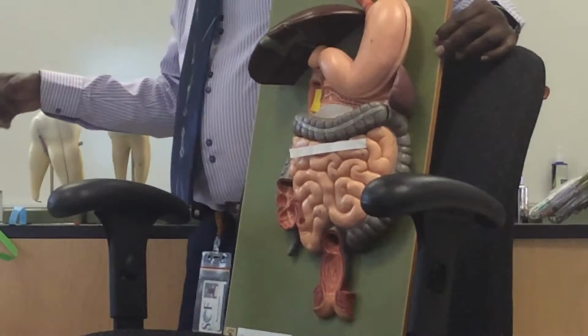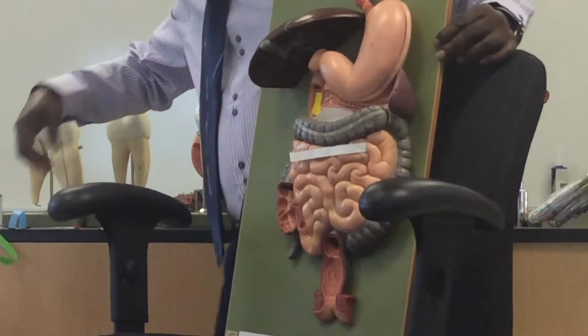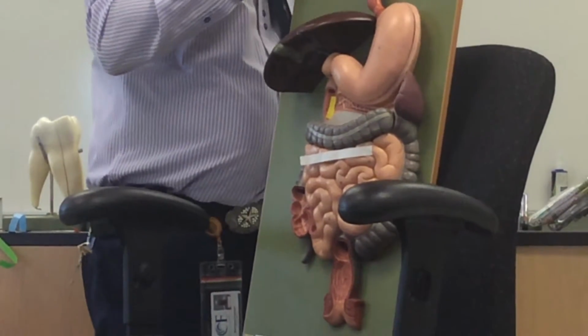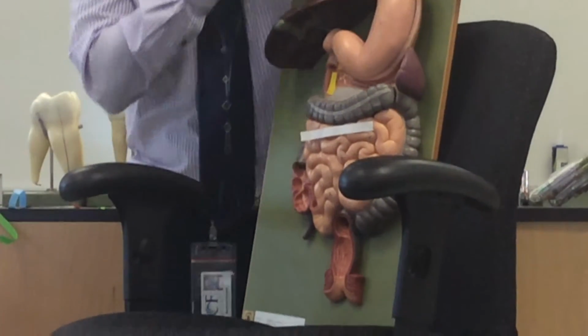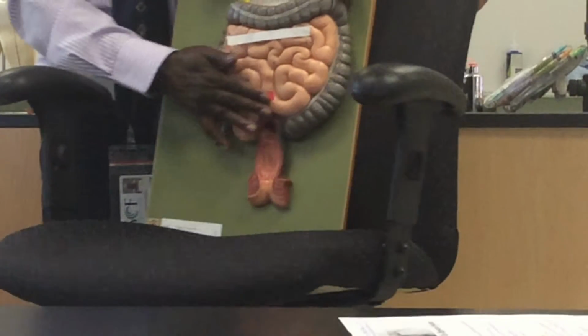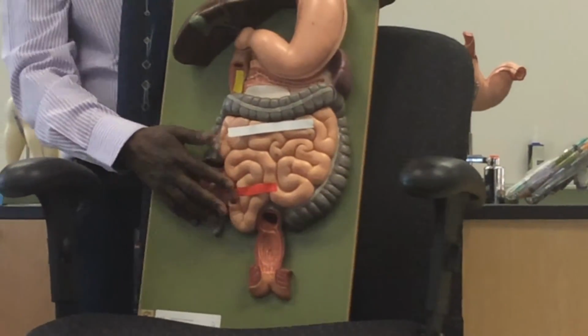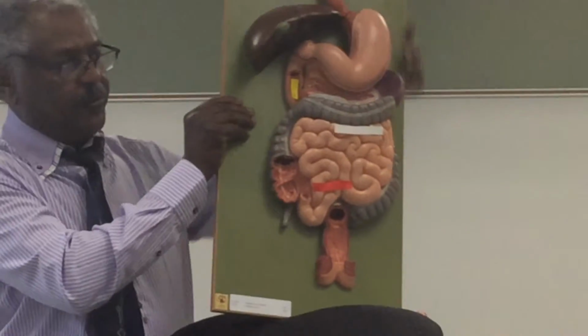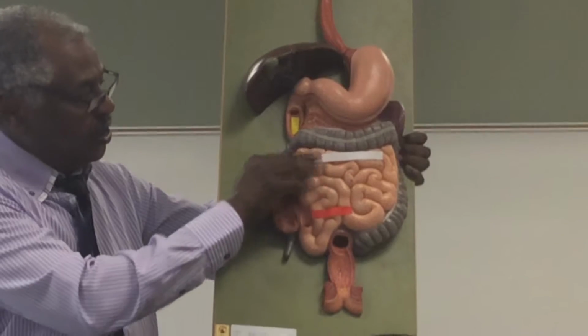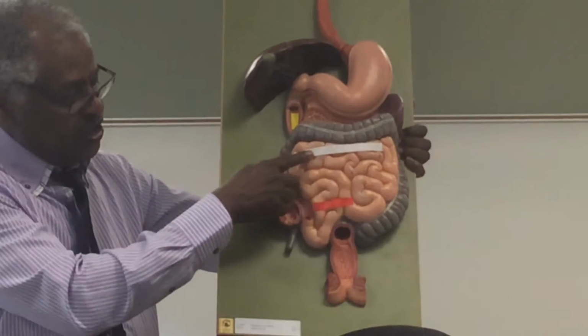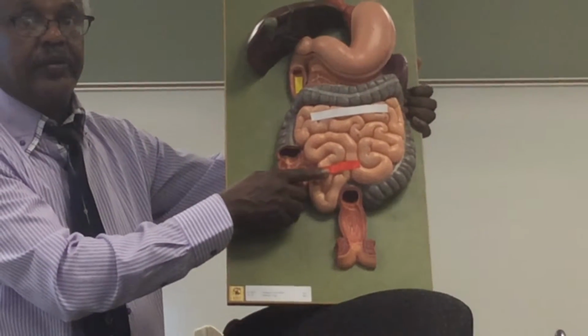Then if you are looking for the ileum, it is going to be labeled way down here. That is where the ileum will be labeled. So these are the three spots where the three parts of the small intestine are going to be labeled: the duodenum here, the jejunum here, and the ileum here.